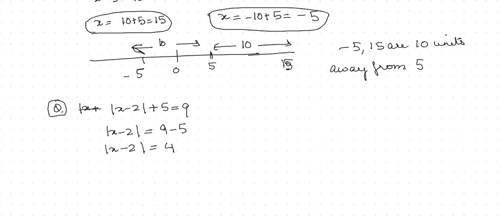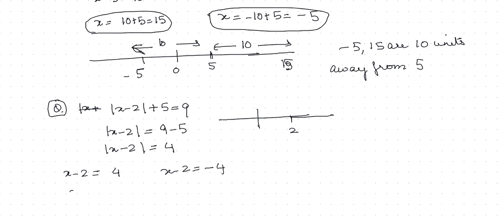So what does this mean? It means that the numbers are 4 units away from 2. So algebraically we will solve like this: x minus 2 is positive 4 and x minus 2 is negative 4.